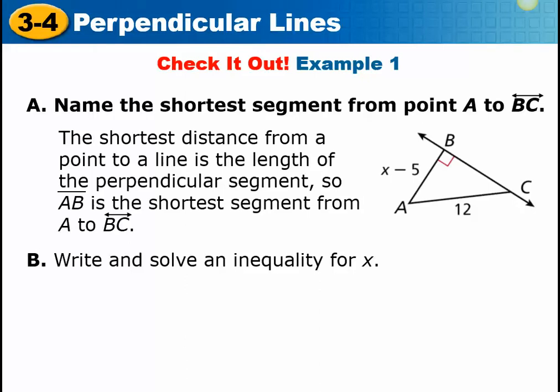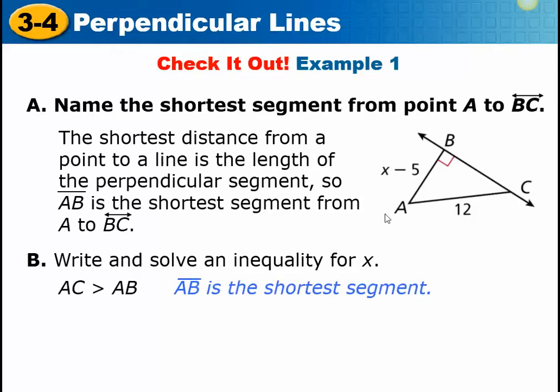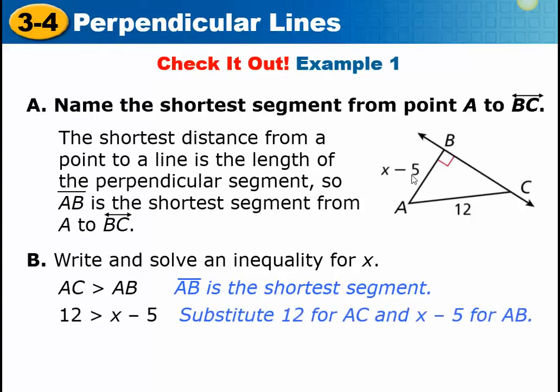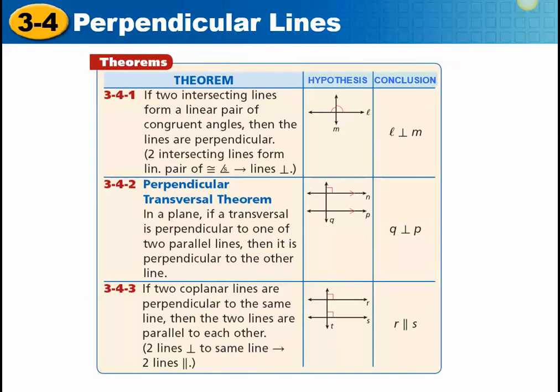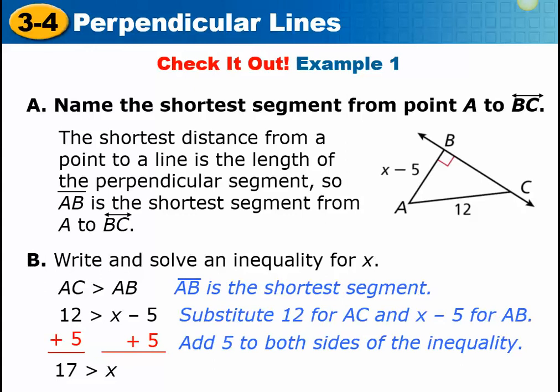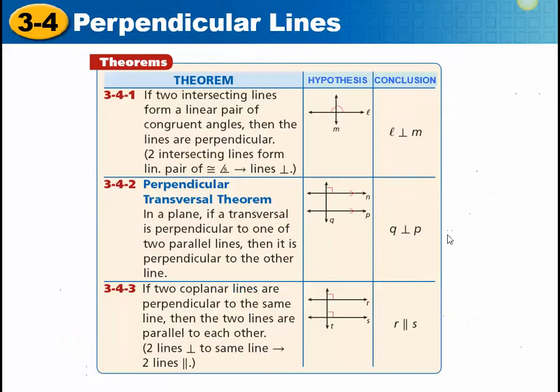So then we will write that AC is greater than AB. And then you substitute, and 12 is greater than x minus 5. Add 5 to both sides, and our inequality would be that 17 is greater than x, which is the same as x is less than 17, so you would have to pick a value less than 17 in order to make this be a true statement.